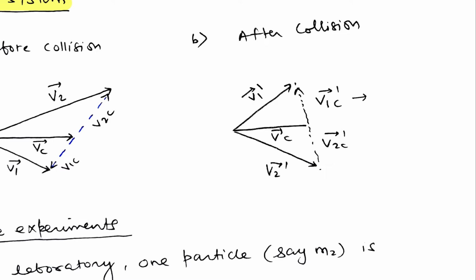It is a primed quantity, so it is after collision, and it is the velocity of mass m1 with respect to c, that is, the center of mass. So this is how we read them. Notations are pretty simple. We have been doing this since our class 11-12 days.